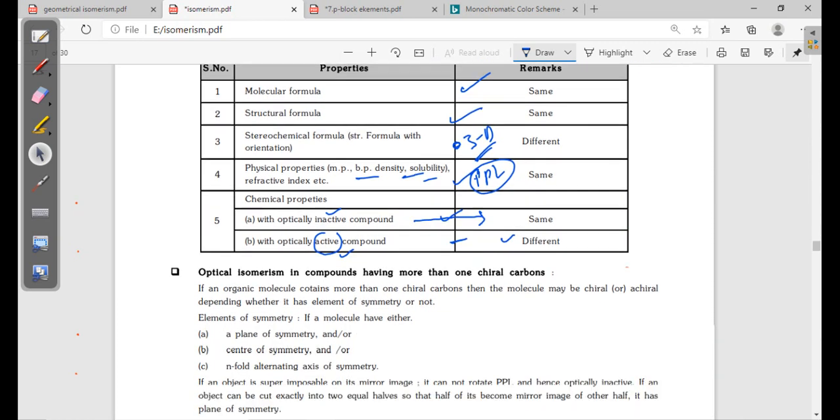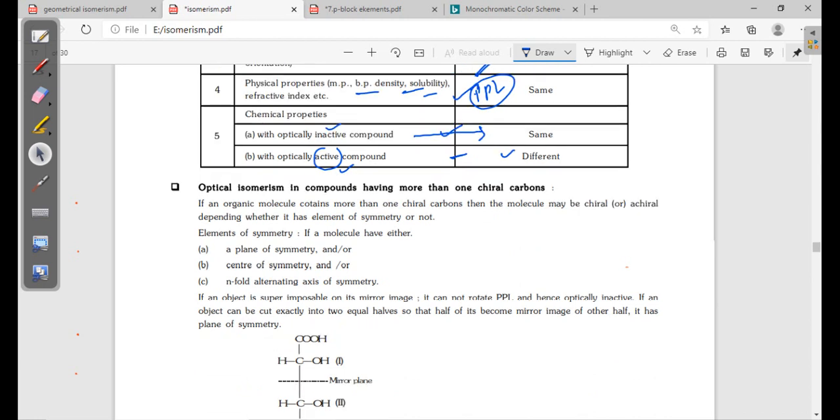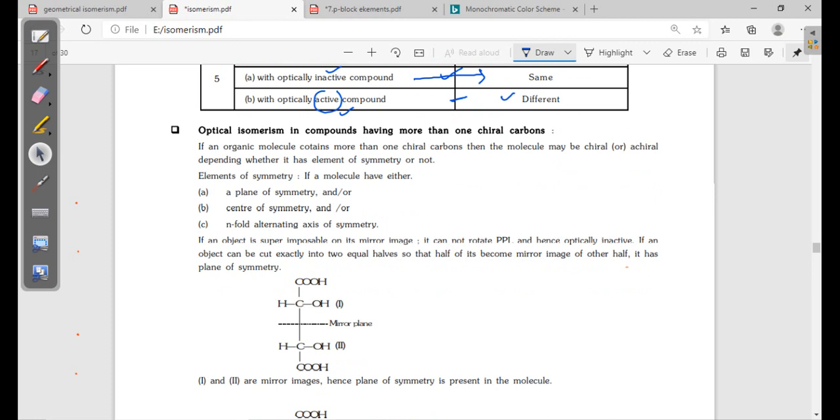Optical isomerism in compounds having more than one chiral carbon. Here we have to know the plane of symmetry, center of symmetry, and n-fold alternating axis of symmetry.